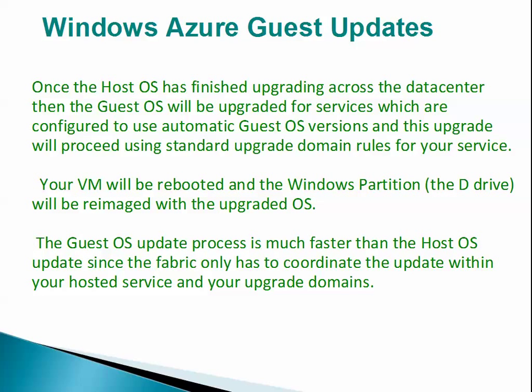And another thing we have here: what is the difference from a deployment point of view, what should we take care of? We don't have any control over whether to avoid the host operating system update, but we can control the guest operating system update, right? Fabric control, whenever there is need, Azure will automatically update the host operating system once a month or once a quarter.